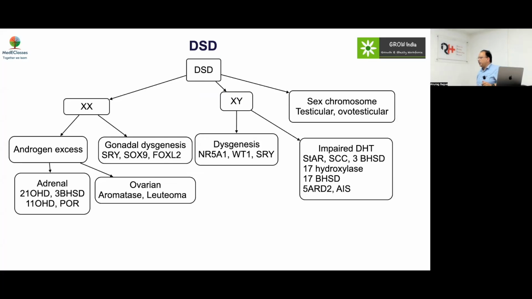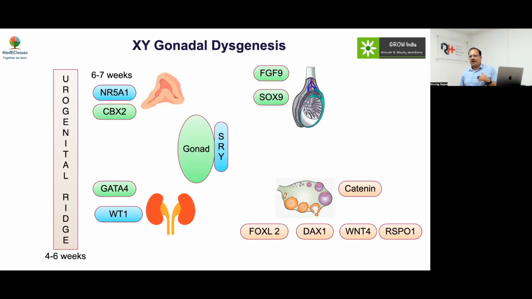XY DSD can broadly be because of abnormalities either in the development of the gonad and the testis, or in terms of hormonal synthesis or action. So we can classify broadly in terms of dysgenesis and impaired DHT effect. When we talk about XY gonadal dysgenesis, if you remember correctly, the major genes initially involved are NR5A1 and WT1, which are responsible for the development of the bipotential gonad, along with the development of the adrenals and the kidneys.